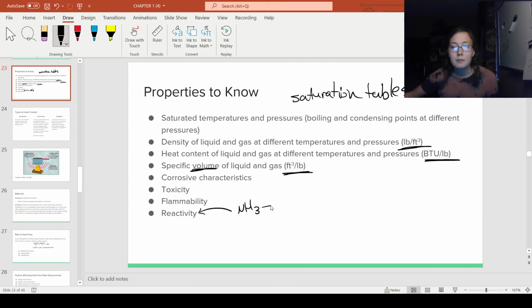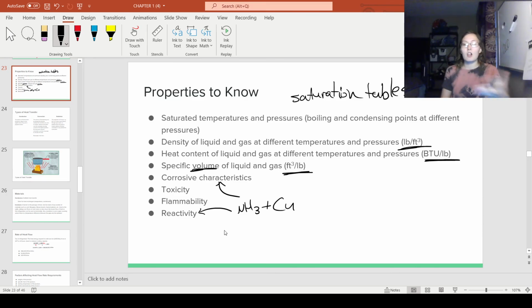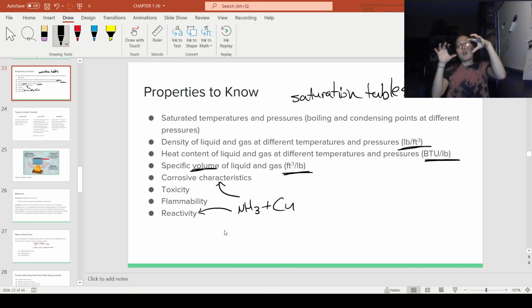Okay? So it will corrode copper. That's also corrosive characteristics. It reacts with it and basically turns it into this blue rust. It oxidizes it. So you can't use copper in an ammonia system.